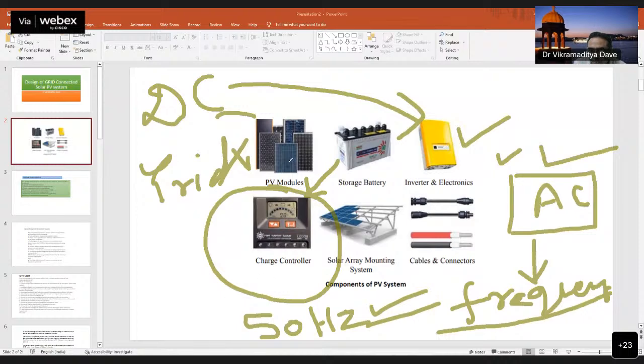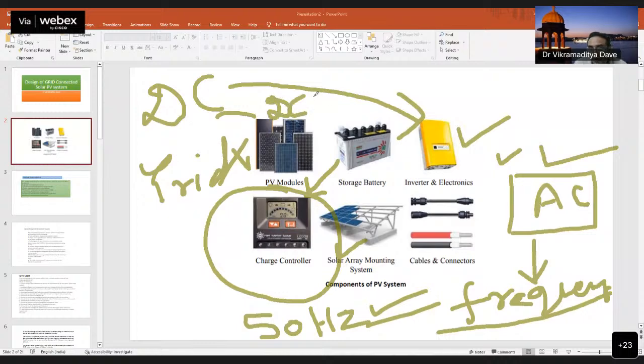So inverter, PV module, storage battery, charge controller, but there we are not discussing. Then comes the solar array mounting system. This is also a part where these panels are installed, and then later come the cables and connectors. Now two types of cables will be there, because this PV module is generating DC, as I have already told you.